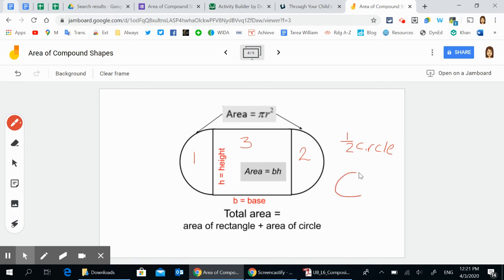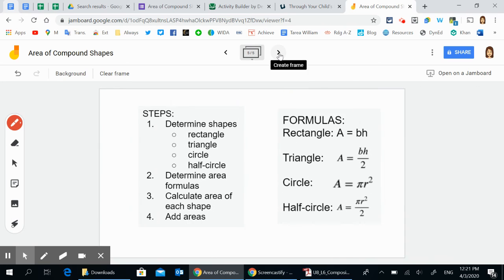So if I have half a circle and half a circle, this is equal to 1 circle. So in this example, I need to add the area of my rectangle and the area of a full, complete circle. Okay, so really quickly, this is what you're going to be doing. You can use this information when you do your problems. Here are your formulas that you will need.